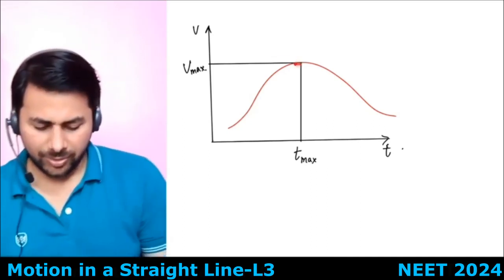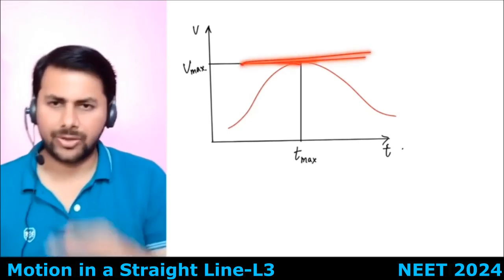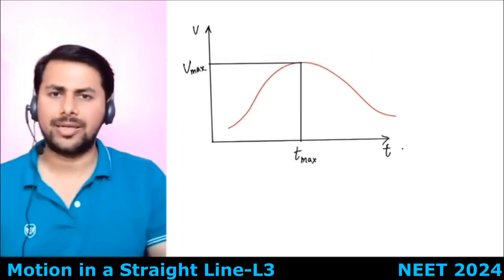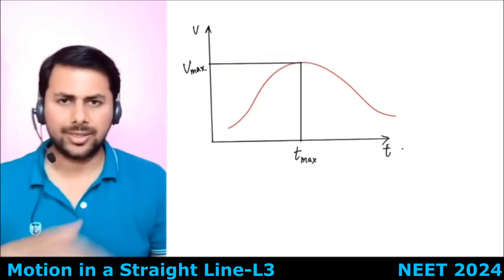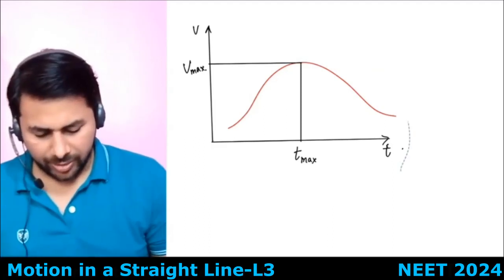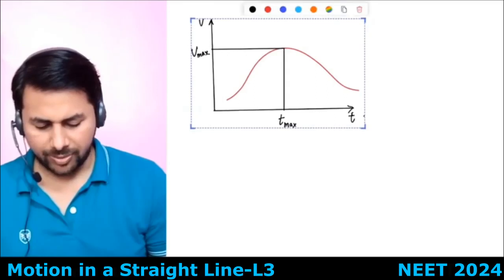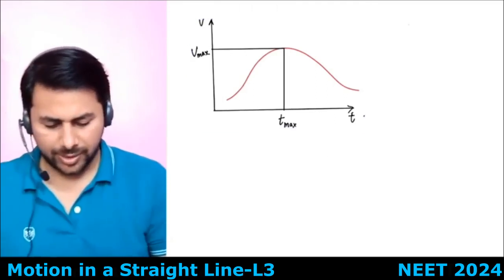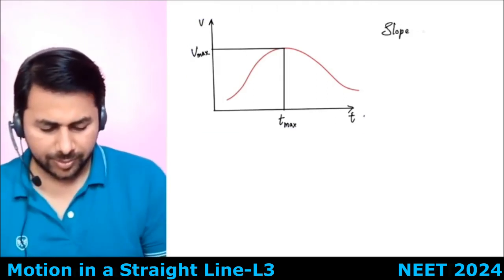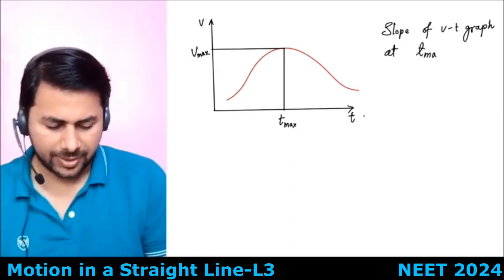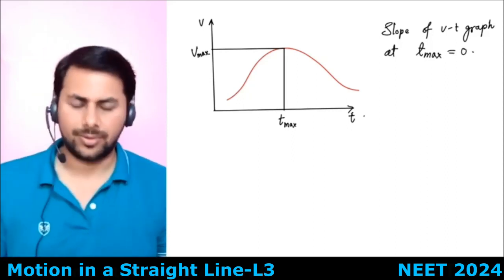It is 0. If you draw a tangent line here, what is the slope of the graph? Draw a tangent line and find out the slope of that tangent line. So it is 0. So that means when velocity is maximum, the slope of this graph will be 0. Okay, so the slope of the vt graph at t max is equal to 0.